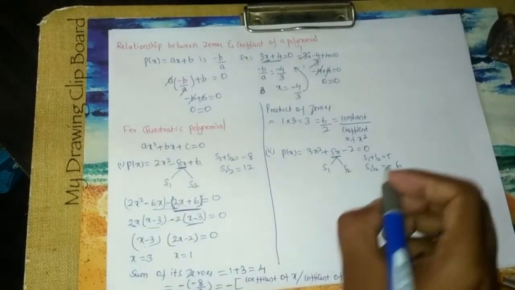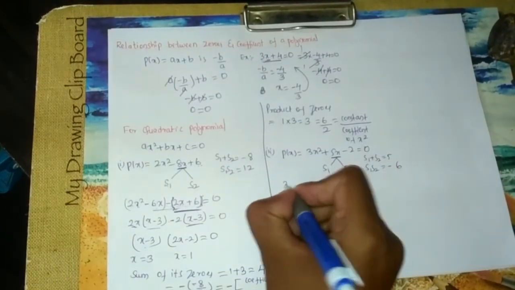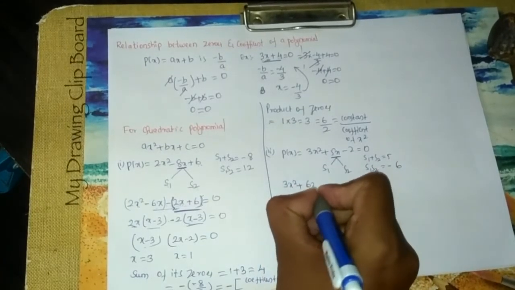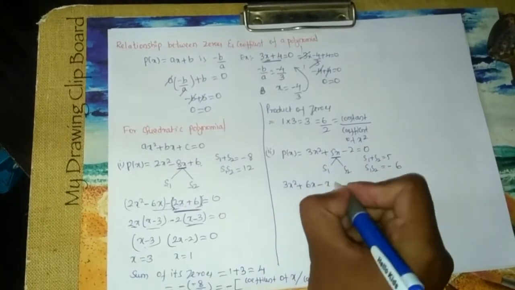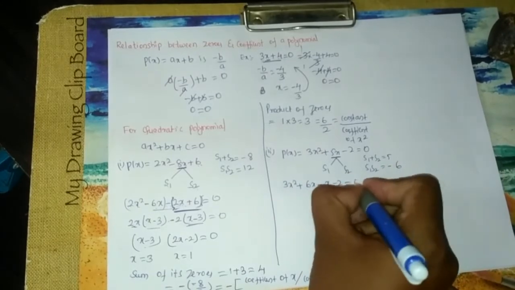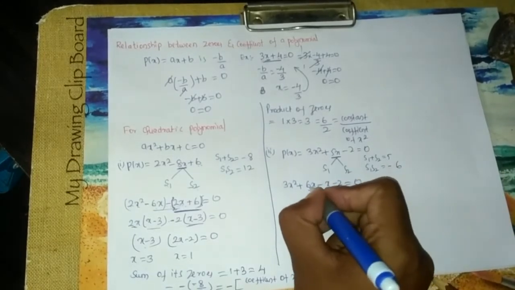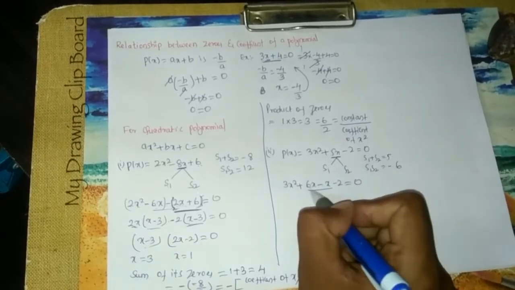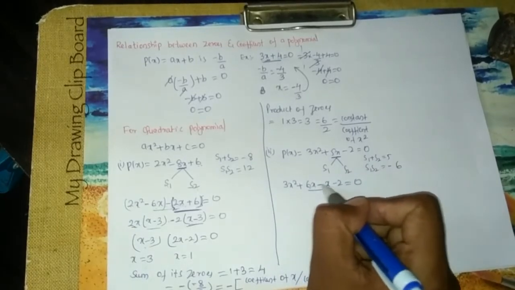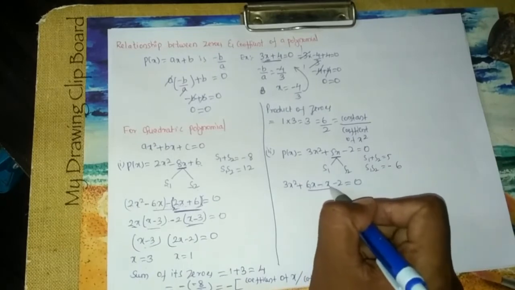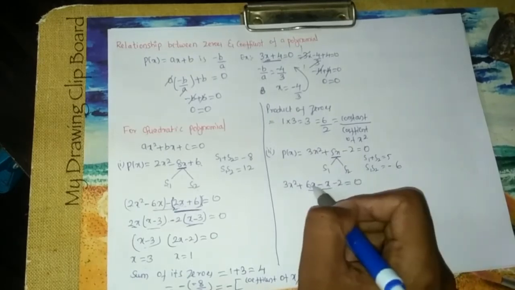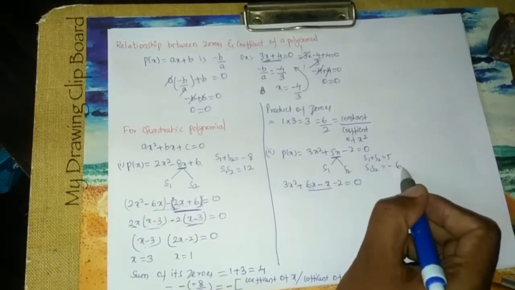So I can split this 5x as 6x minus x. When I add these two, 6x minus x, it will be 5x. When I multiply these two, 6 into minus 1, it will be minus 6.